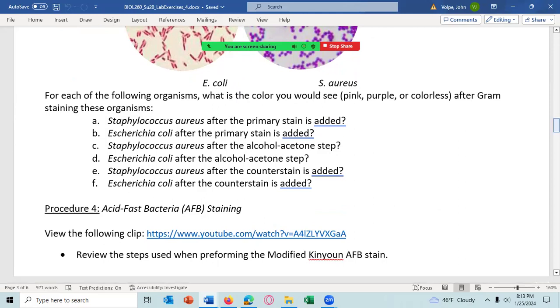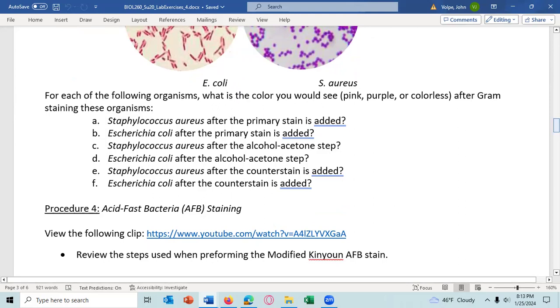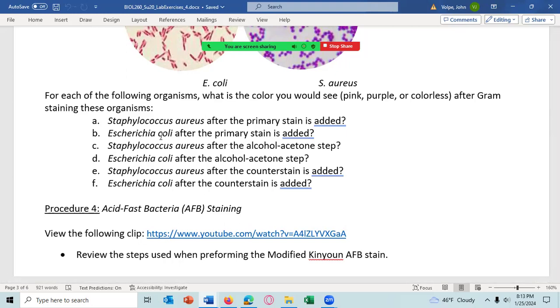For procedure 3, then answer these questions. A, what is the color of Staphylococcus aureus after the primary stain is added? And it's telling you the colors can only be pink, purple, or colorless. For question B, E. coli, what's the color of E. coli after the primary stain is added? For question C, Staphylococcus aureus, what is its color after the alcohol acetone step?